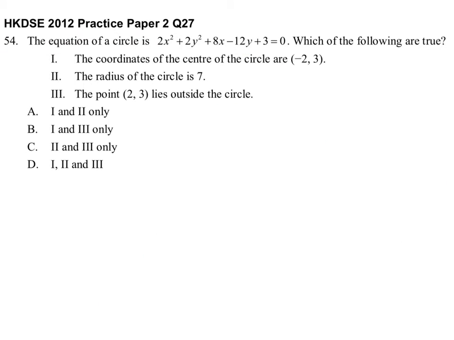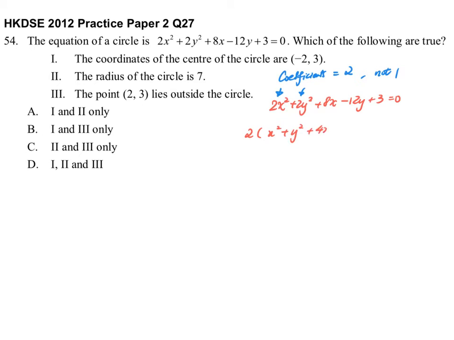We jump to question 54. The equation of a circle is 2x squared plus 2y squared plus 8x minus 12y plus 3 equals 0. Notice that the coefficients of x squared and y squared are 2, not 1. In this case, we need to take out the coefficient 2.